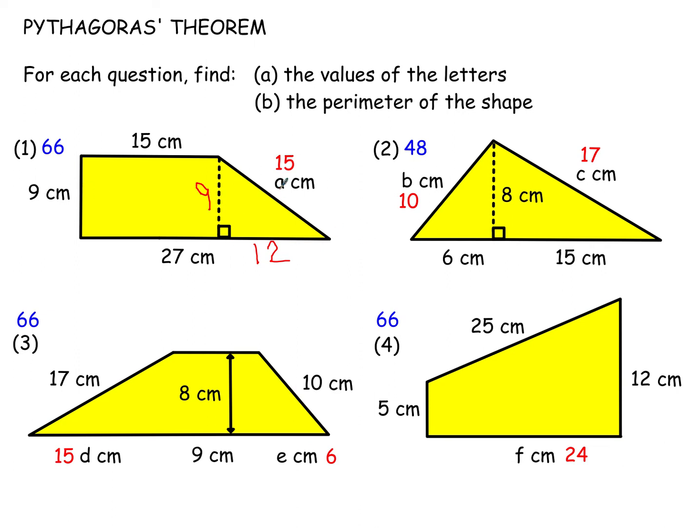And then you can use Pythagoras. A squared equals 12 squared plus 9 squared. Follow it through, and A is 15. So it's an application of Pythagoras' theorem. There are right angle triangles in this shape, and there's a right angle triangle in that shape. So that's applying Pythagoras' theorem.